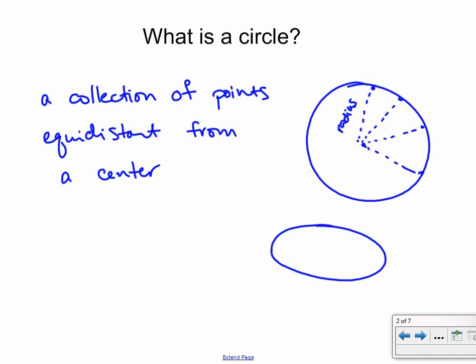They're both round. They both don't have any vertices. They both have a center and a radius, except in an ellipse or an oval, all of the radii are not the same length. That's why an ellipse is not a circle, because all of the radii are different.